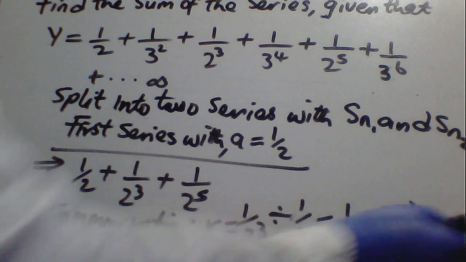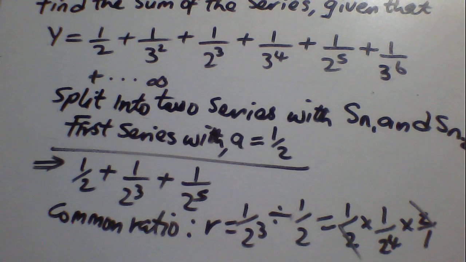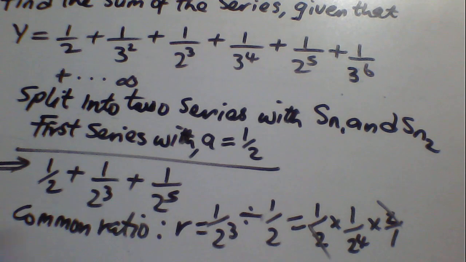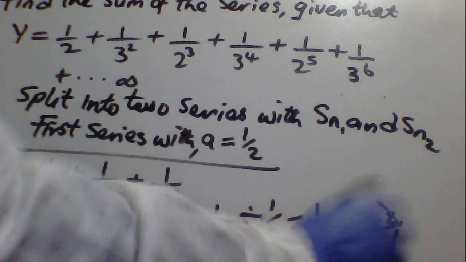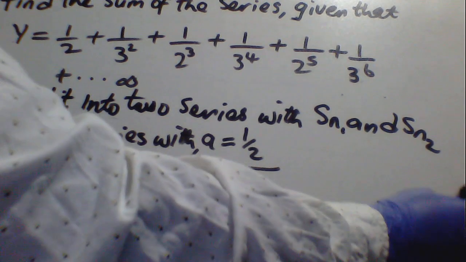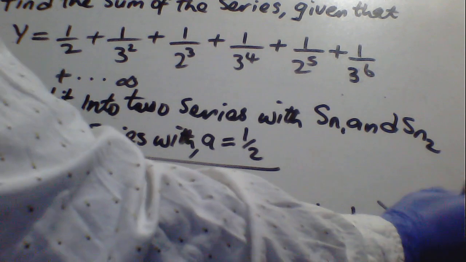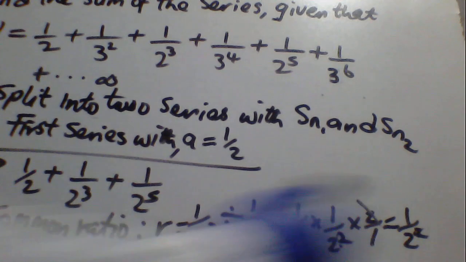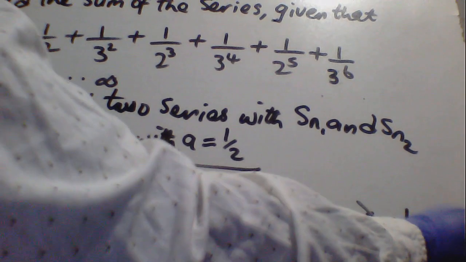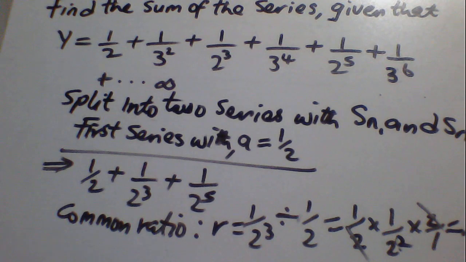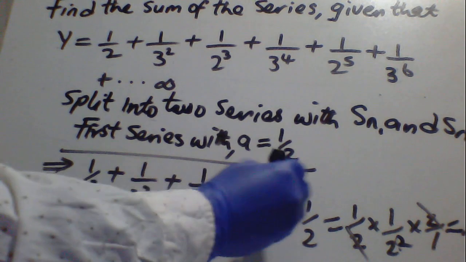So that 2 can cancel out to give us 1 over 2 raised to power 2, which is the same as 1 over 4. So the common ratio is 1 over 4. So in this case, R is equal to 1 over 4.